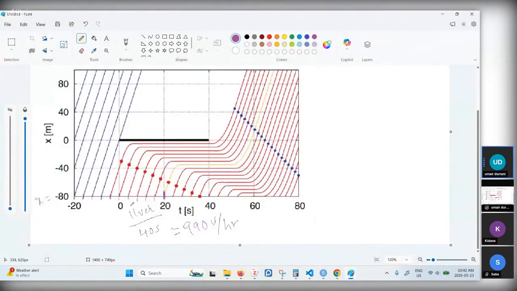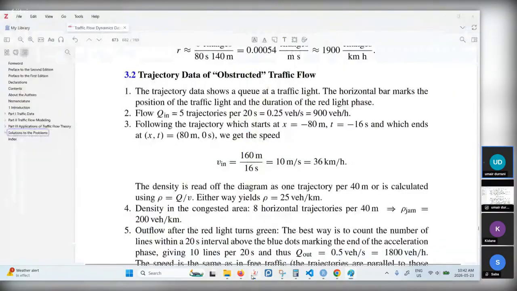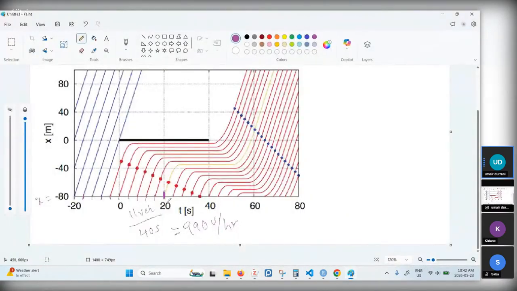Okay, so they're not counting less than zero here. We did count that. If we don't count it, then it's one, two, three, four, five, and six. So six vehicles. So in this case, they counted 5 trajectories per 20 seconds. So for these 20 seconds, they're counting five.